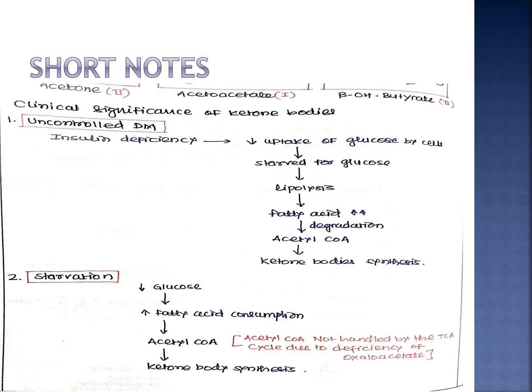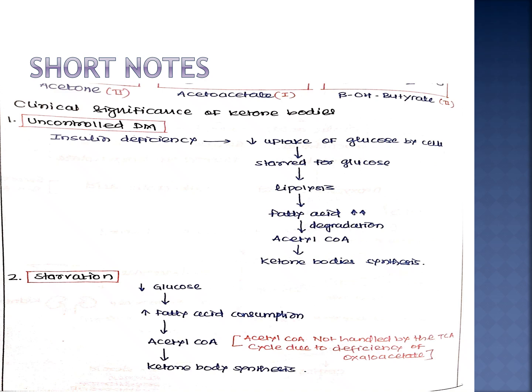These are the short notes on the clinical significance of ketone bodies in a simple form. Due to insulin deficiency, glucose uptake by cells is decreased, and due to this starved condition for glucose, lipolysis occurs, and this leads to increased fatty acid degradation.